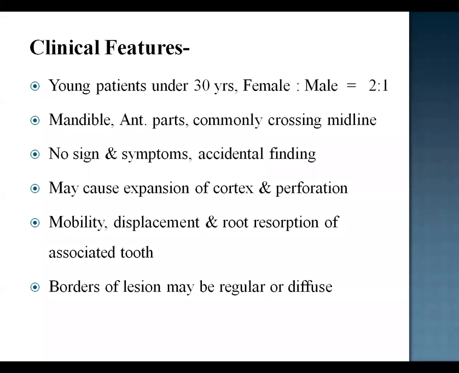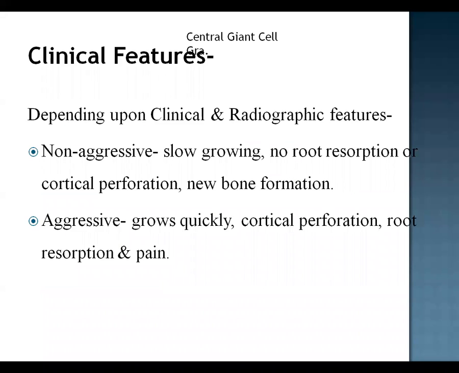No signs and symptoms. Accidental finding. It may cause expansion of cortex and perforation, mobility, displacement, and root resorption of the associated teeth. Borders of the lesions may be regular or diffuse. Clinical features: depending upon the clinical and radiological features, it is of two types: aggressive and non-aggressive.